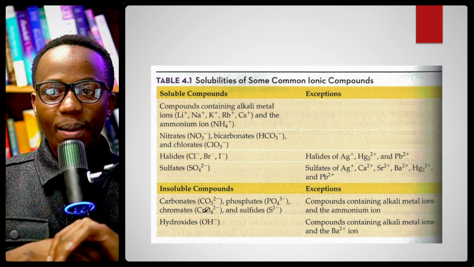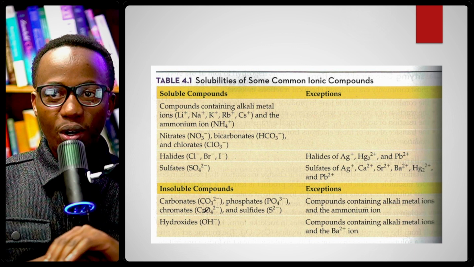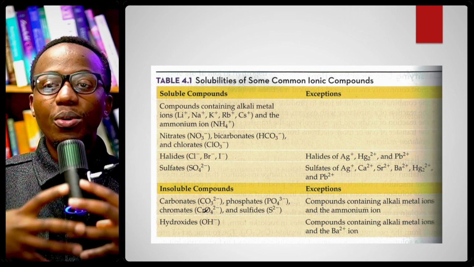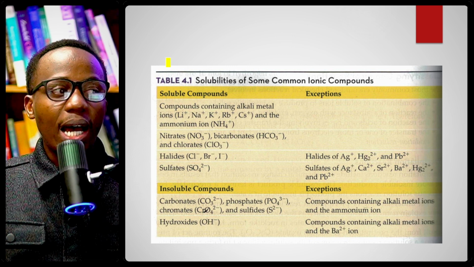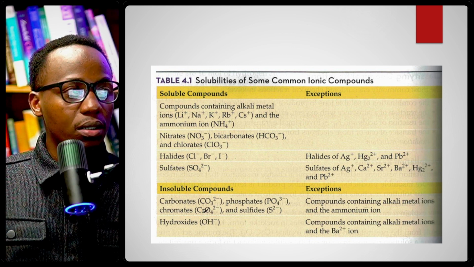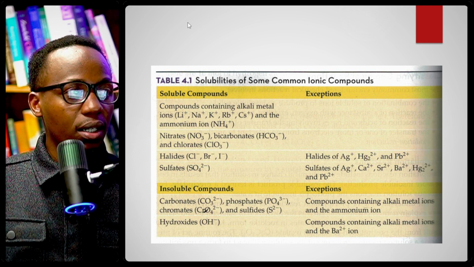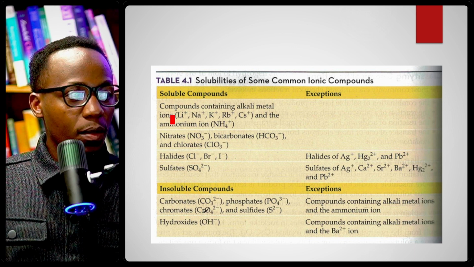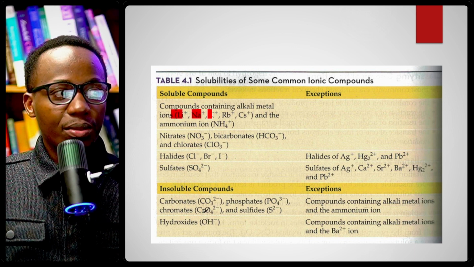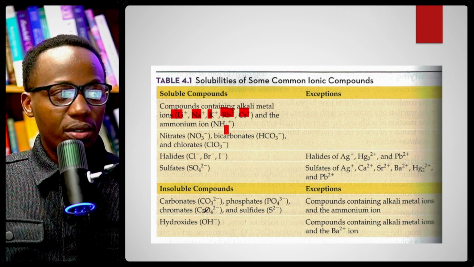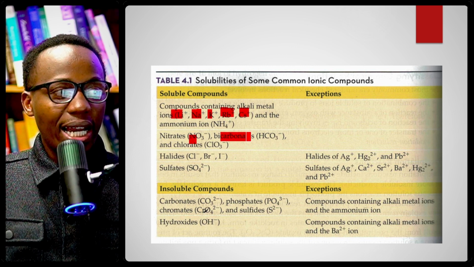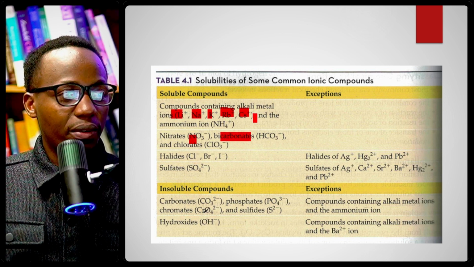But some chemicals, when put in water, don't dissolve in water, right? So, for example, compounds containing lithium, potassium, sodium, rubidium, cesium, these are all soluble, right? If you have a nitrate, bicarbonate, these are all soluble as well, right?